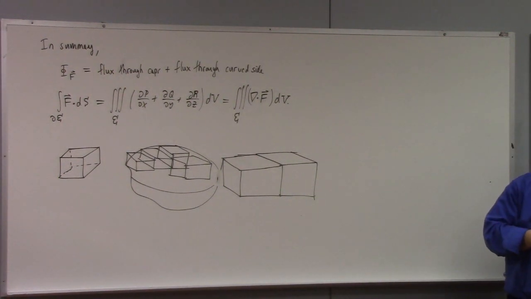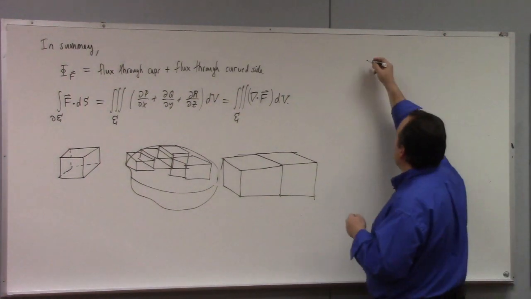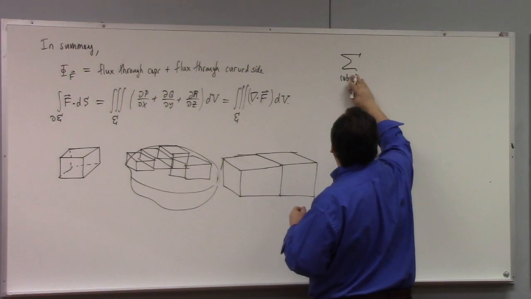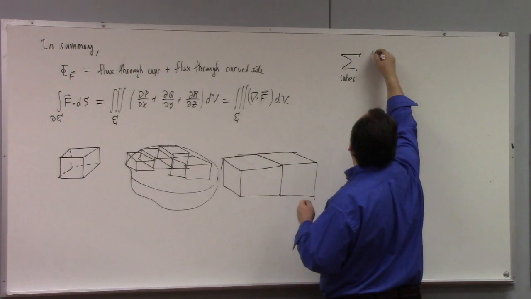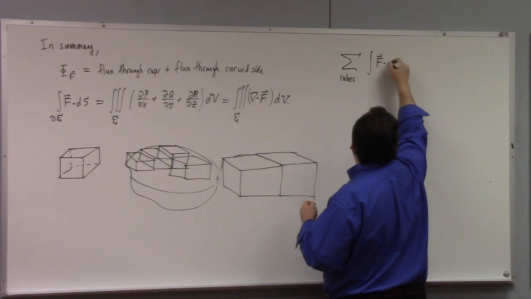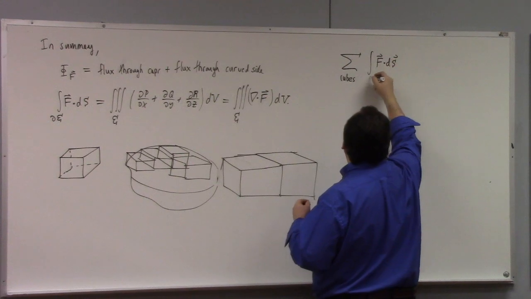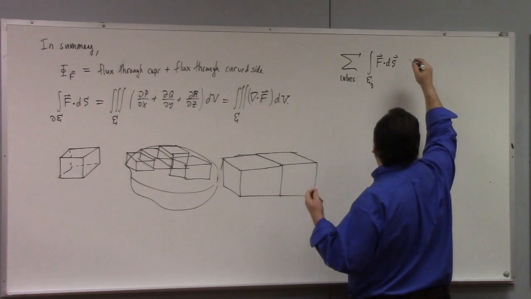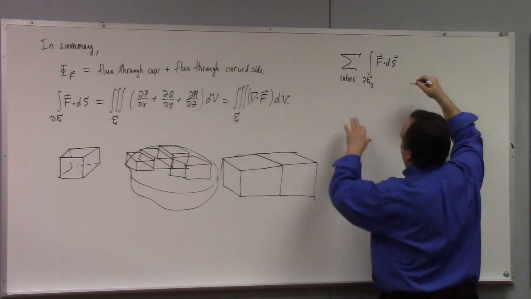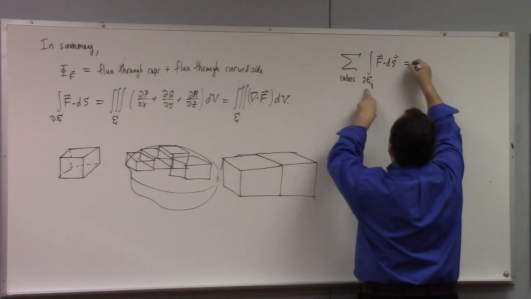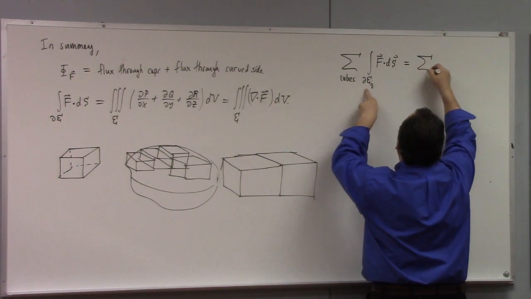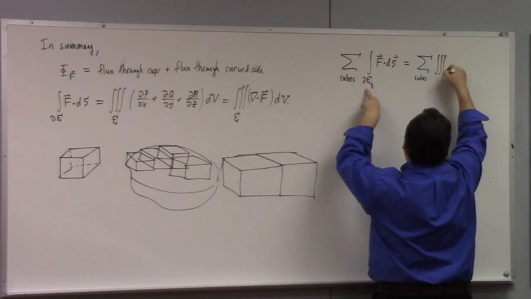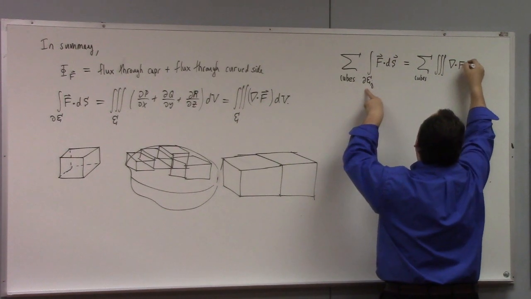What's the situation with the flux that you calculate? If I take the sum over cubes of the flux of F, and let me call the cube E sub j for the sake of discussion, so the boundary of E sub j, the flux would be equal to the sum over the cubes of the triple integral of the divergence of F.